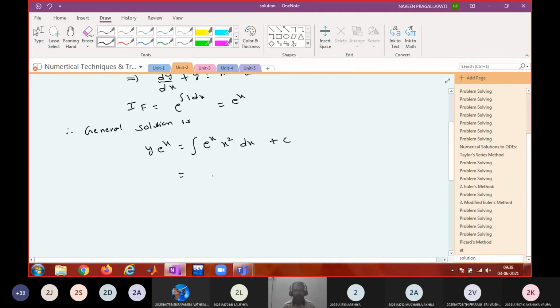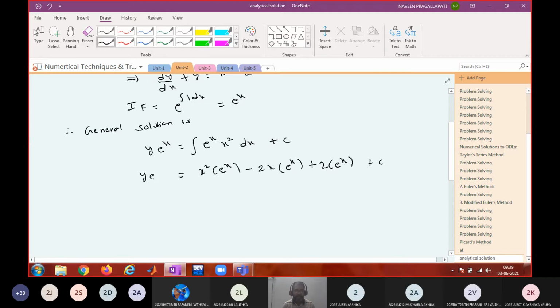So what is this? Apply UV formula. You take x square as the first function. So x square into e power x minus derivative of x square, which is 2x, into e power x integration, which is e power x. Alternatively plus minus. So plus 2 into integral of e power x, which is e power x. Then stop because after that derivative of 2 is 0, plus c.